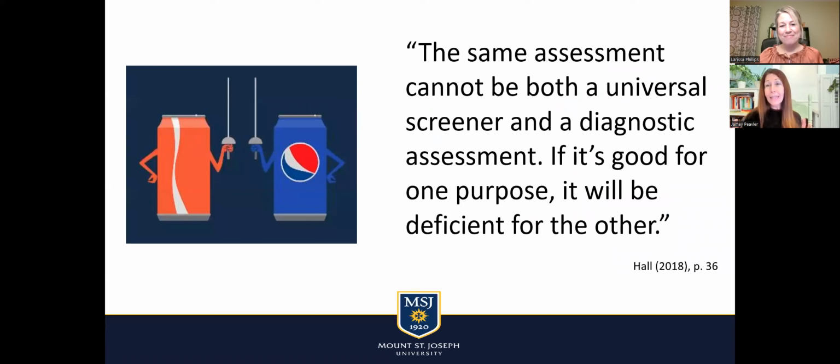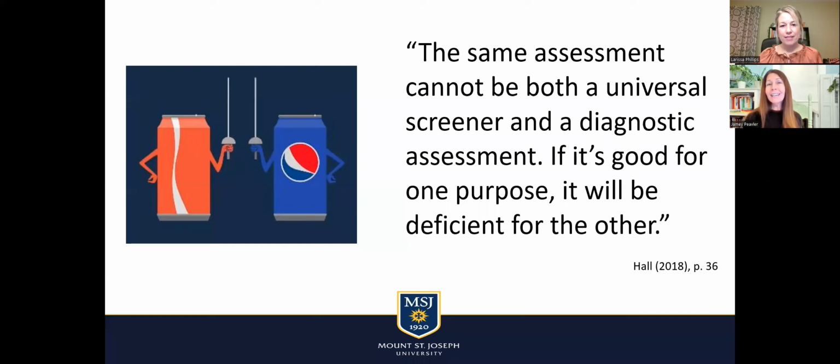So when I think about this quote, so this is from Susan Hall, I want us to pause here for just a moment because I think this is a common misconception. Sometimes it's a misconception because we've gotten into habits in schools that this is just how we've done things. Sometimes it's a branding issue and things have been miscommunicated as filling multiple purposes.